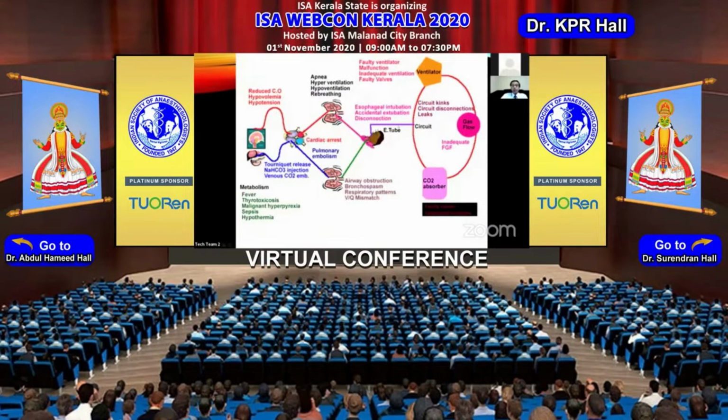Therefore, when you are monitoring CO2 at this critical junction, it gives you the entire perspective of the anesthesia circuit on one side. It also gives an entire perspective on the patient's side, right from metabolism and production of carbon dioxide, its transport via the heart to the lungs, and elimination from the lungs into the anesthesia circuit.